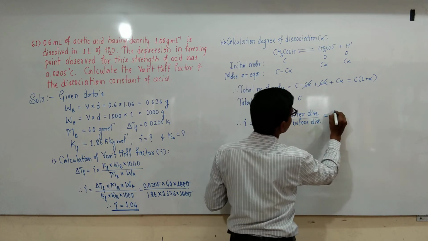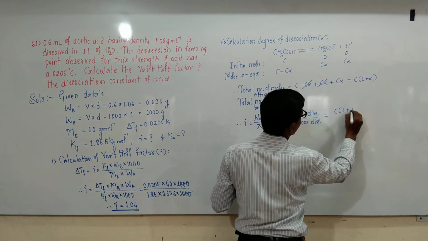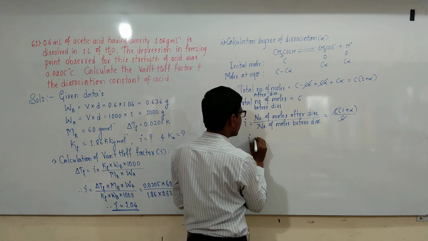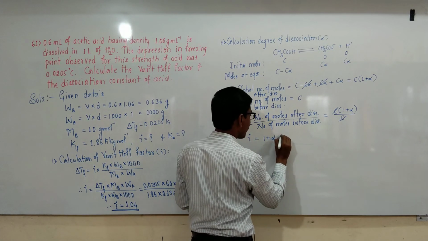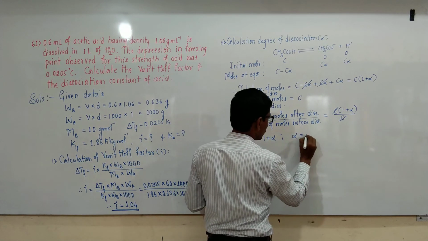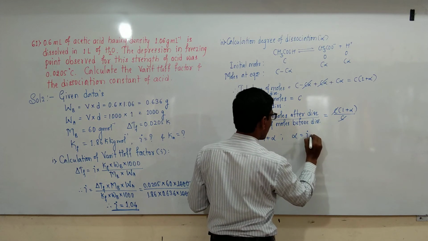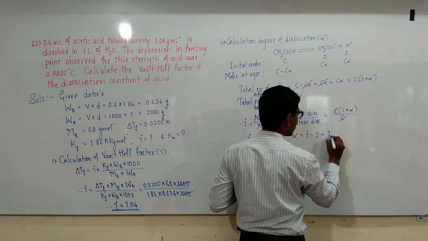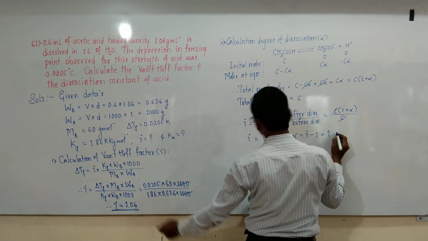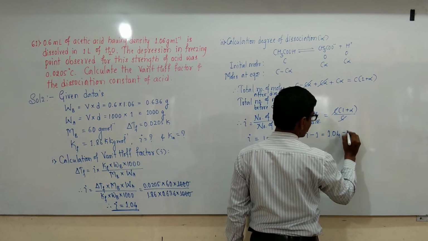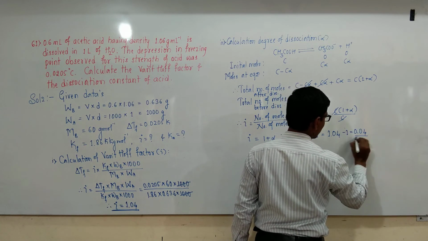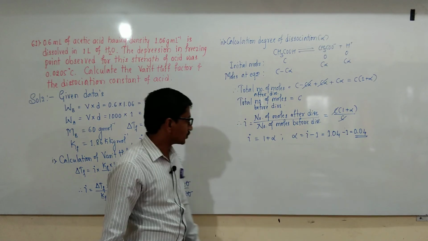Before means only acetic acid, C. Substituting the values, C into 1 plus alpha divided by C, C cancels, therefore I is equal to 1 plus alpha. Then alpha is equal to I minus 1, I value is 1.04 minus 1, this is equal to 0.04. This is the degree of dissociation.